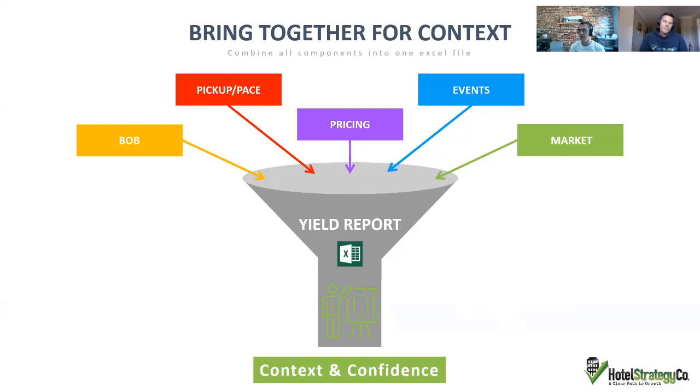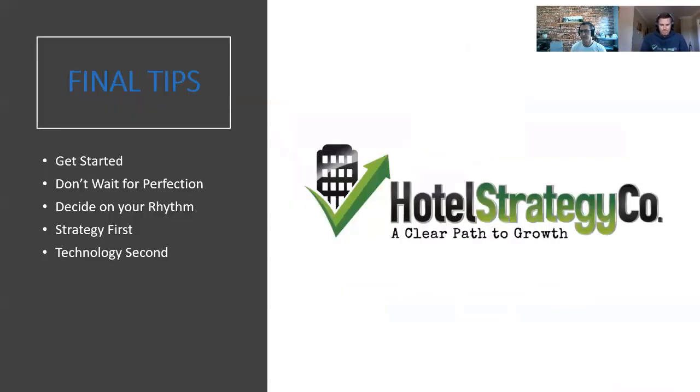You do have your own data historically and into the future, and external data historically and into the future, and it's bringing those data points all together that provides the context to help make those revenue management decisions on the go.